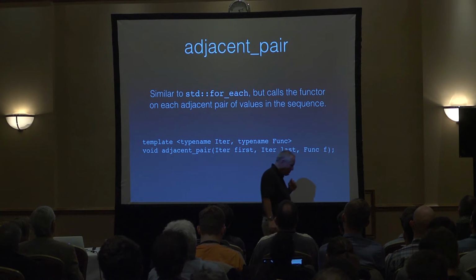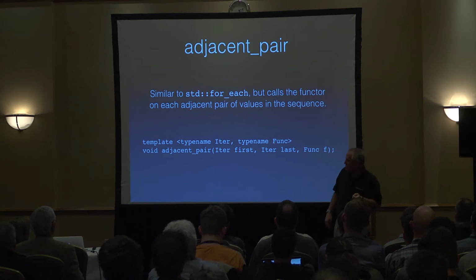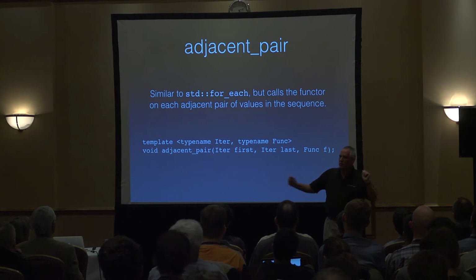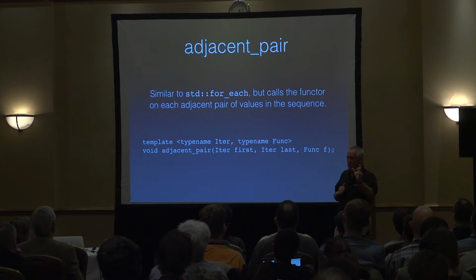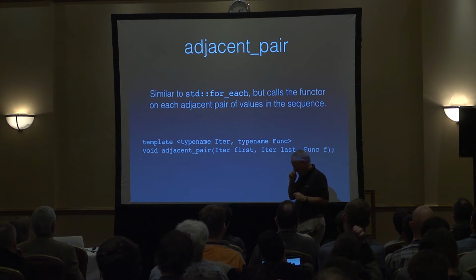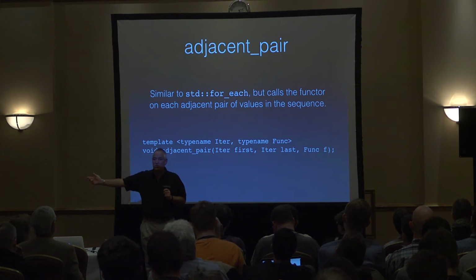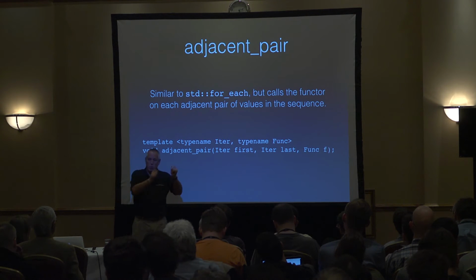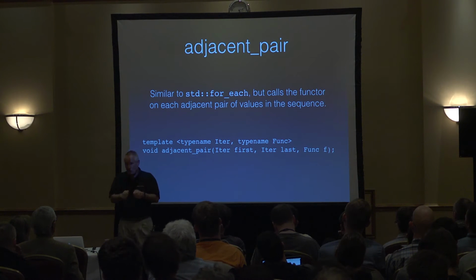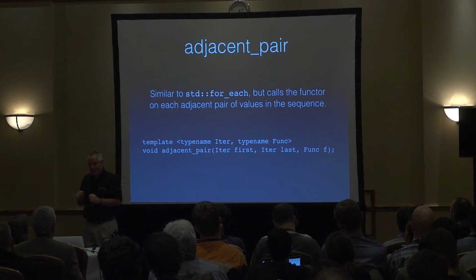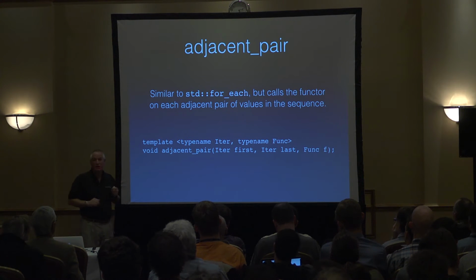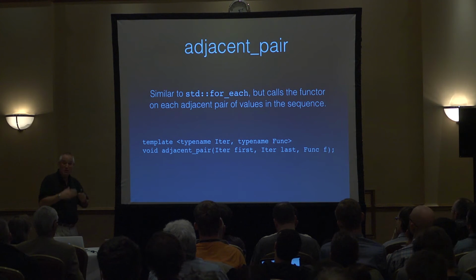So somebody said to me several months ago, but what I want is something like for each, but it calls the functor with each pair of elements in the sequence. So if I had a sequence which is 1, 2, 3, 4, 5, 6, it wants to get called with 1, 2, 2, 3, 3, 4, 4, 5, 5, 6. When you say each pair, it's really important to decide what you mean by each pair.